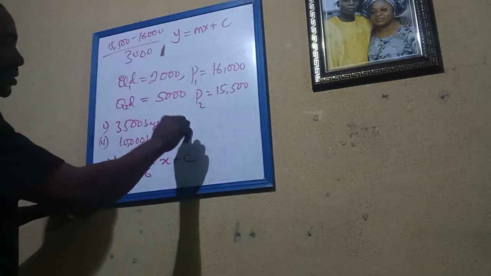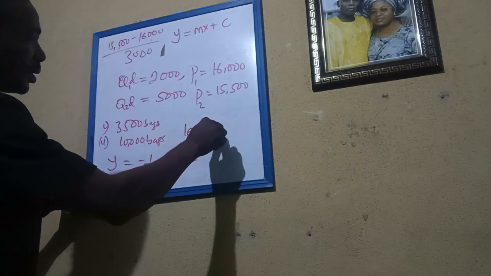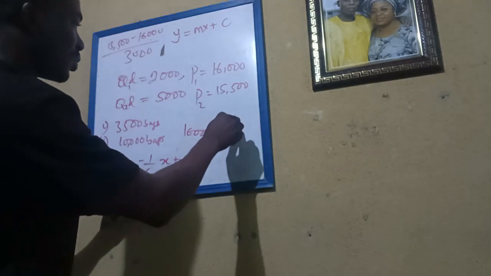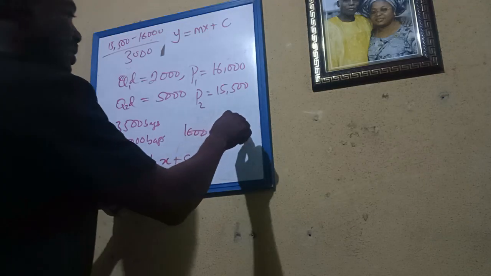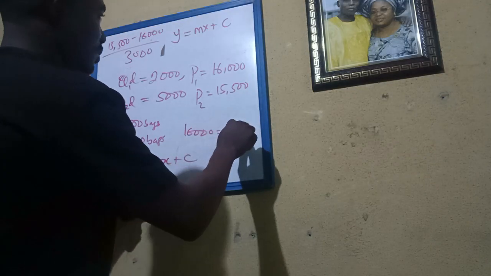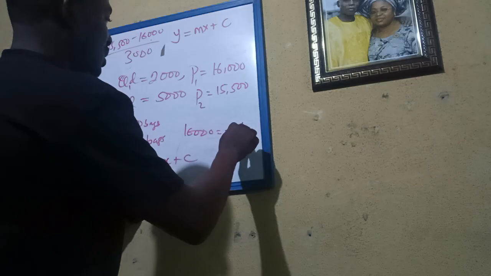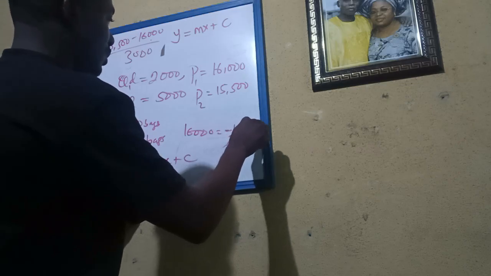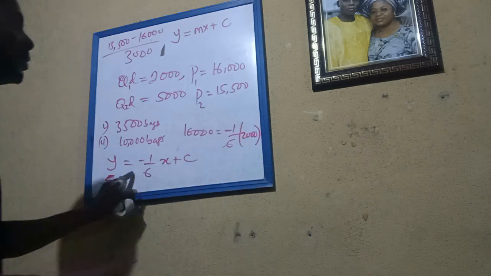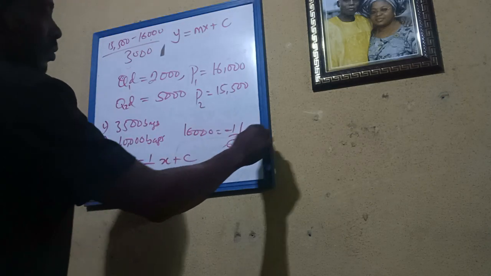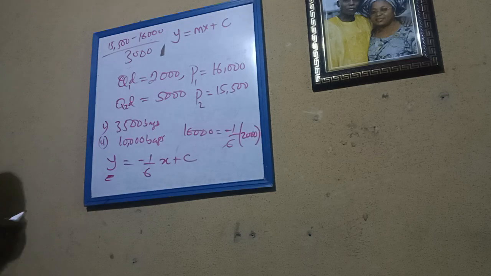Then I can say 16,000 is equal to minus 1 over 6 altogether into 2,000, that's my quantity, altogether plus c. Let me make c the subject of formula.